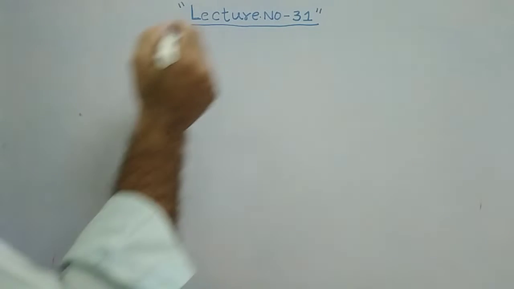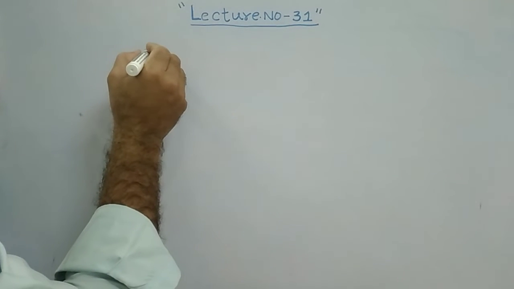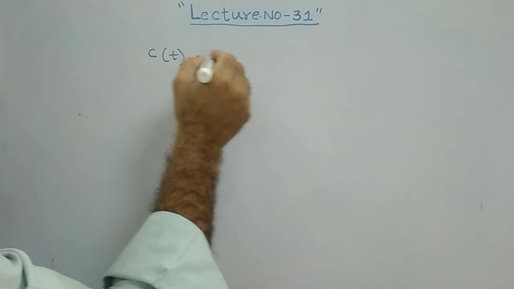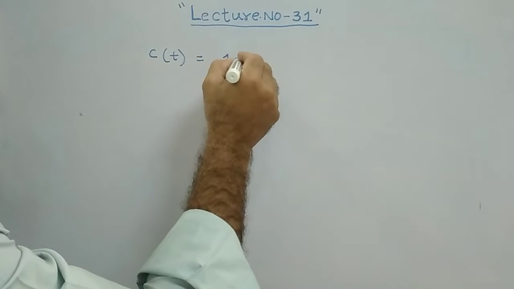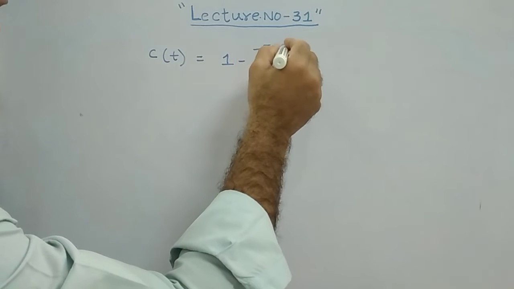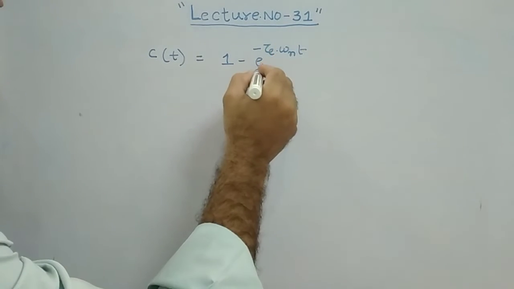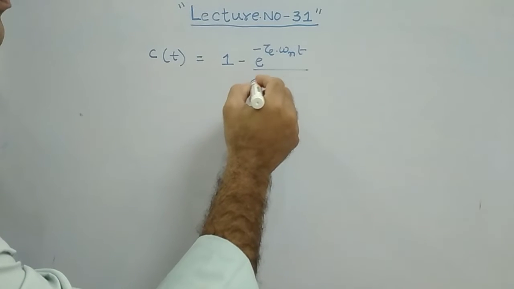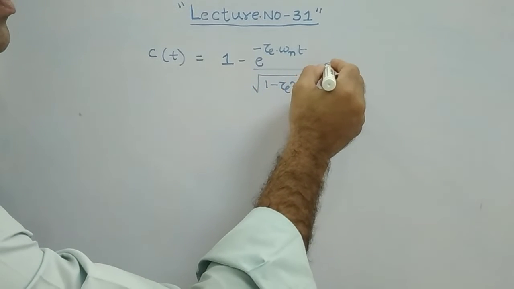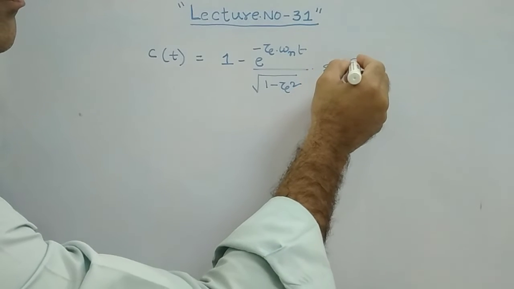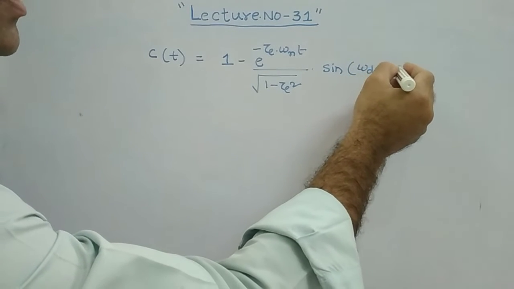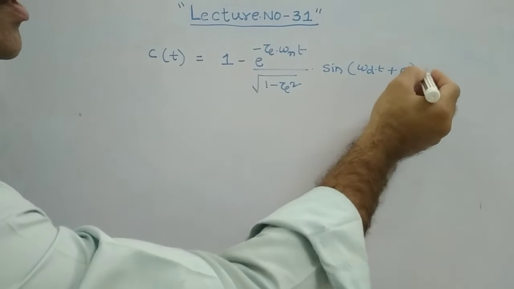So what is C of t? Just now I wrote C of t is equal to 1 minus e power minus zeta omega n times t under square root of 1 minus zeta square into sine of omega d times t plus theta. This is our expression.